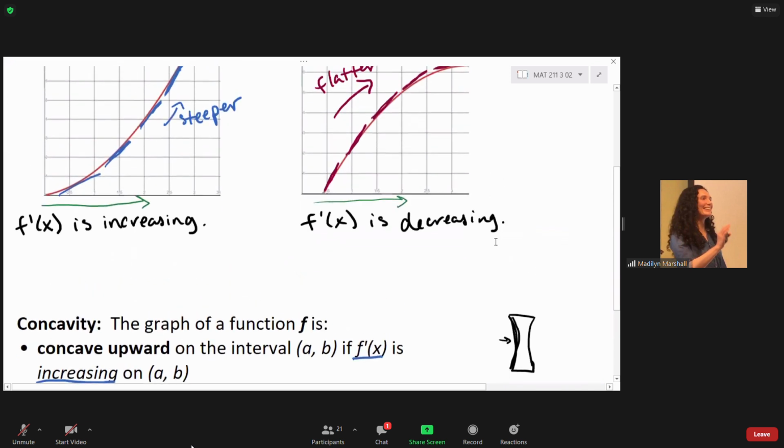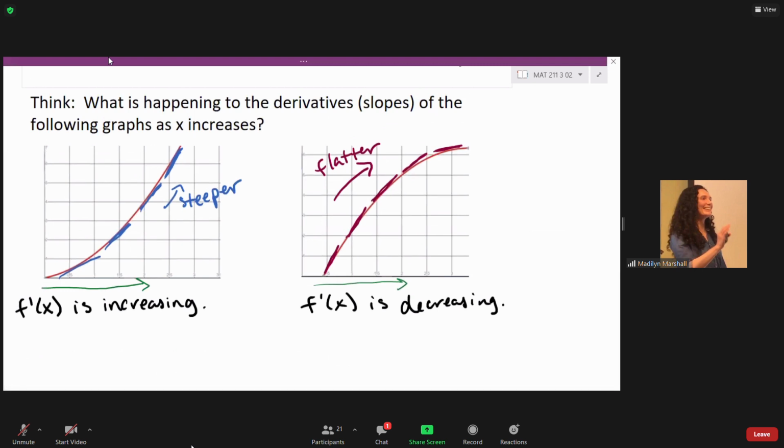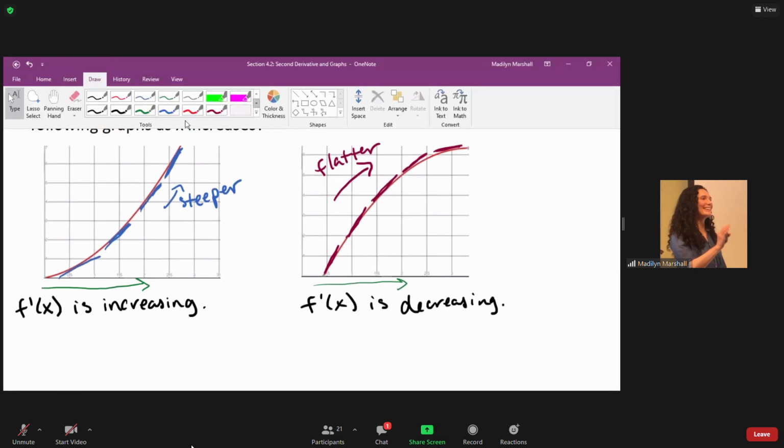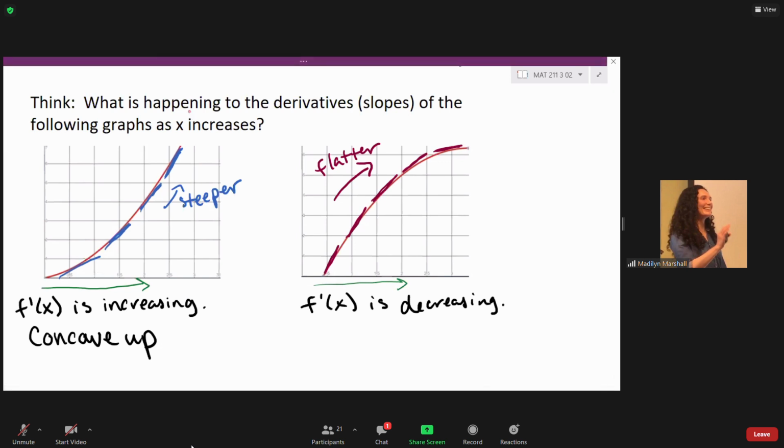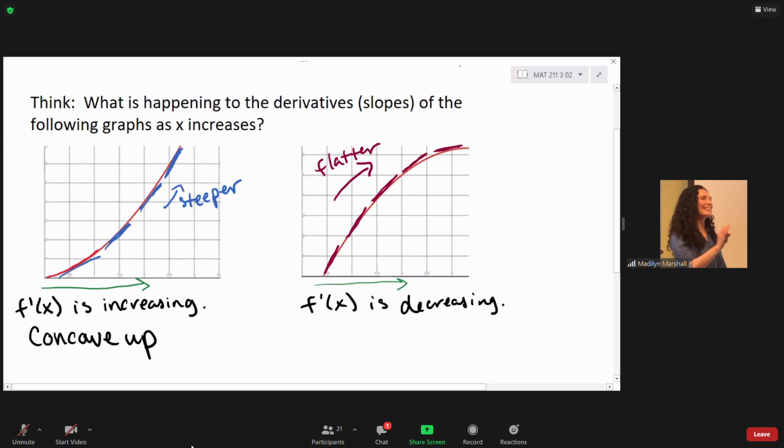So this first graph is concave up. And mathematically, that's because the derivative is increasing. Visually, it's because the concave part of the graph, the part of the graph that's curved, it's curving towards the upward direction.